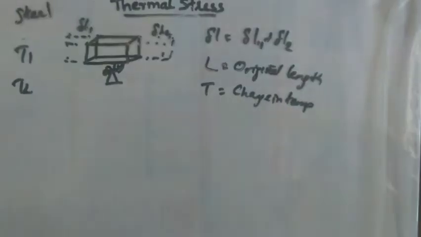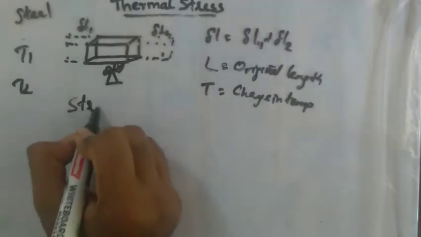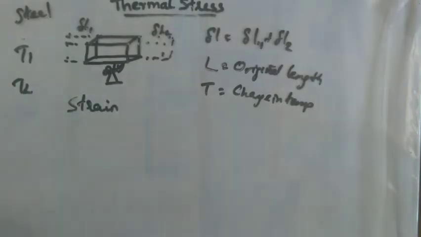In this condition, will there be any thermal stresses? No, definitely there won't be any thermal stresses, but there is strain. There is elongation, so there is definitely a deformation. If there is deformation, then the strain automatically comes.